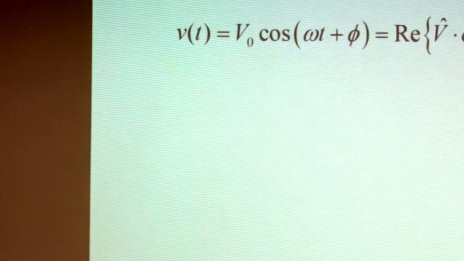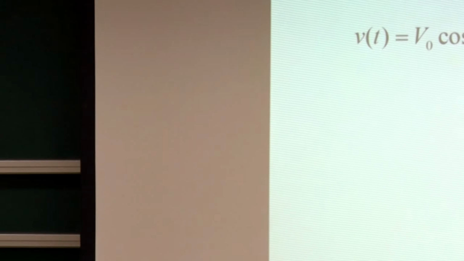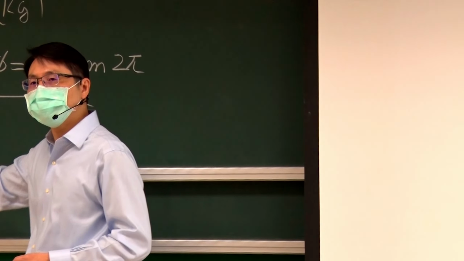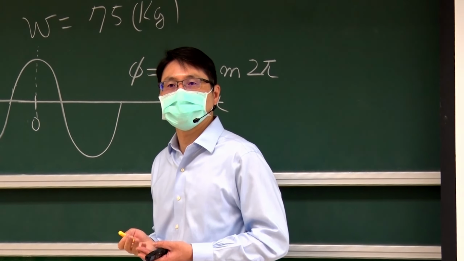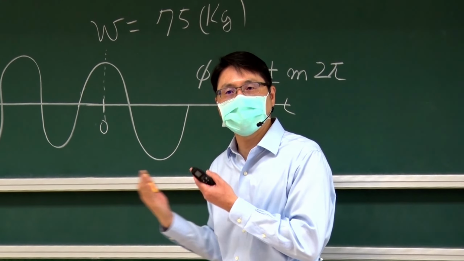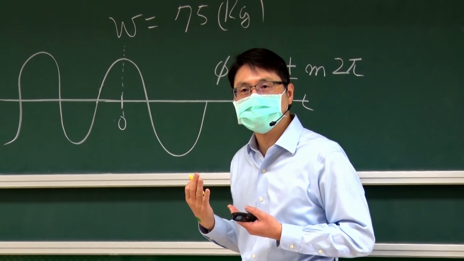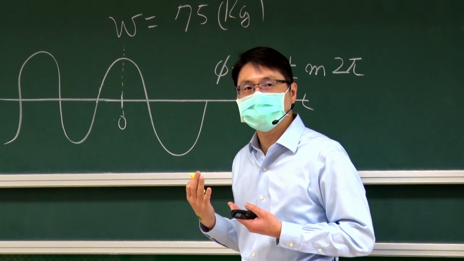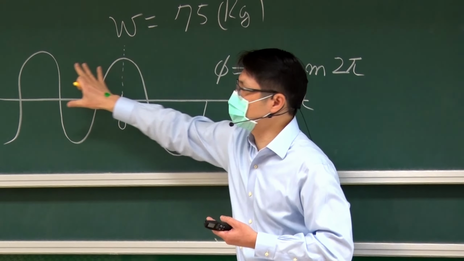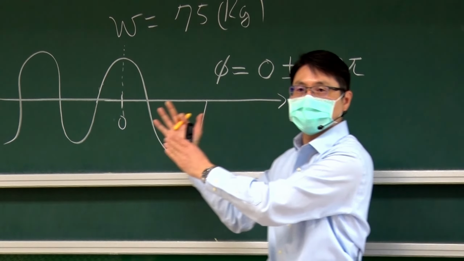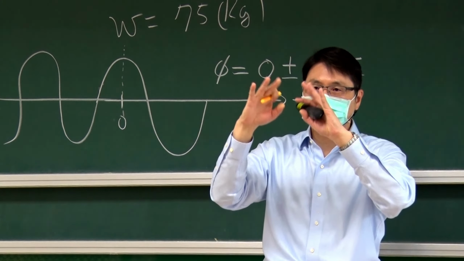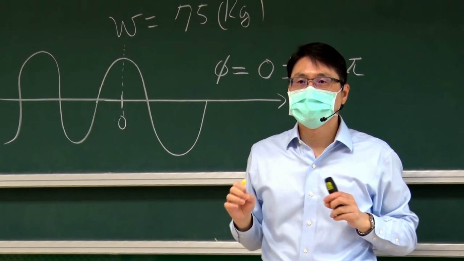So what can I do to generate a new cosine with the same frequency, but only a translation in time? How can I shift this entire thing on the time dimension without changing the amplitude, without changing the periodicity?